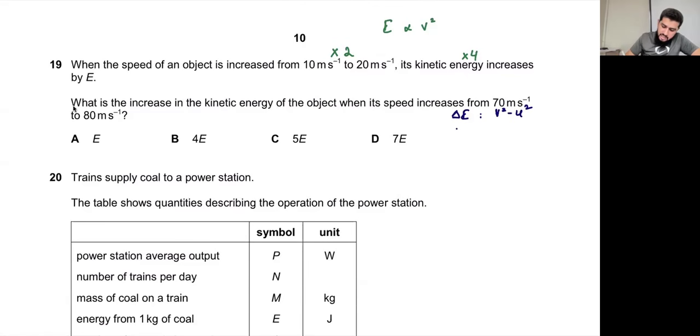So change in energy here is E, and we went from 10 to 20: 20 squared minus 10 squared.